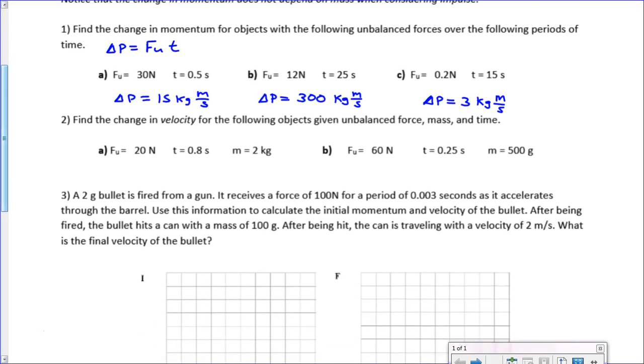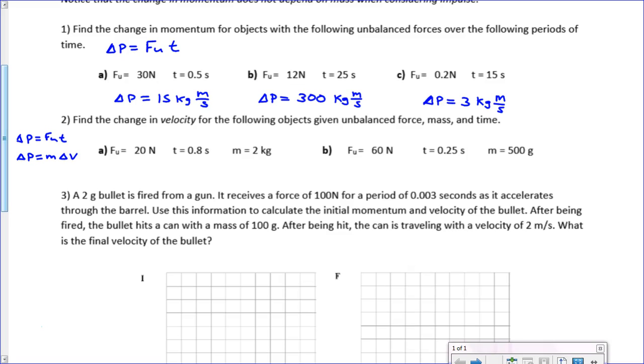For problem number 2, we have to do a little bit more here. It says find the change in velocity given these FUs, T's, and masses. And so to think about this one, we know the change in momentum equals FU times T. We also know that change in momentum equals mass times change in velocity.